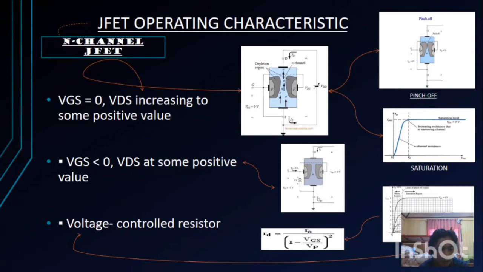As VGS becomes more negative, the resistance is increased. That's all for operating the N-channel JFET.